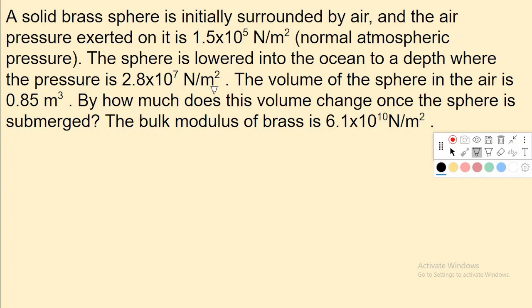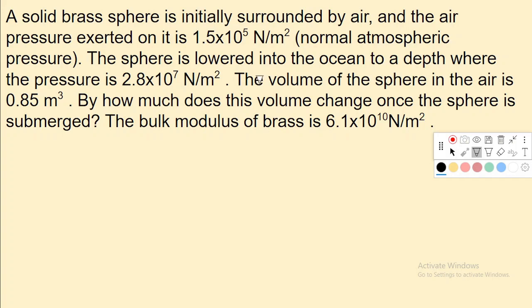Am I right? No. Because here we are given the total pressure when the sphere is at a given depth. So this total pressure includes the air pressure at the top of the water.